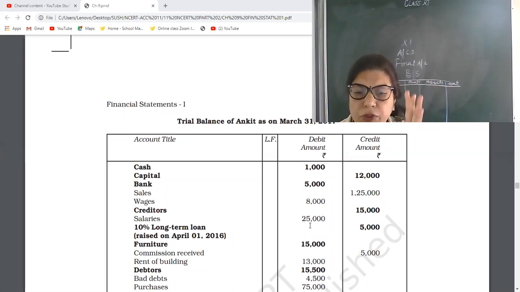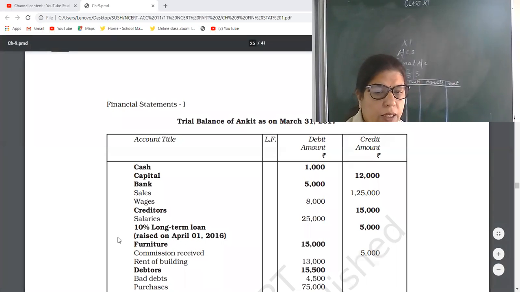So be careful, whatever the item or account title given, first of all you have to check. If that is in the debit side, it will be asset. And if it is amount given in the credit side, it will be liability. So here, that is the confusion.